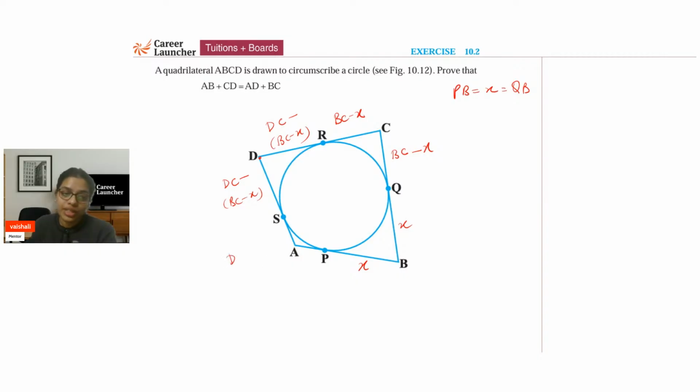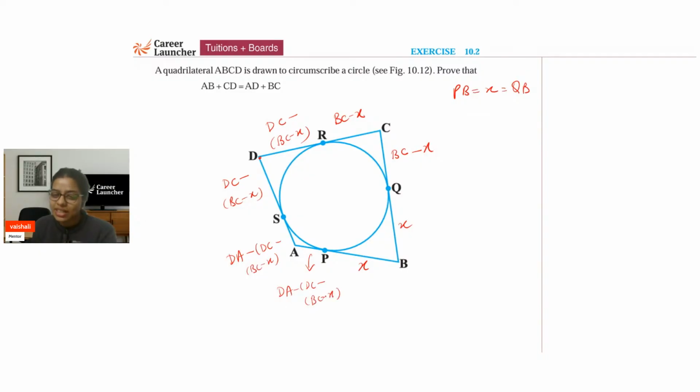From the total length DA, I'll subtract DC minus (BC minus x), right? And it means my AP should also be equal to the same thing जो मैंने अभी just लिखा.